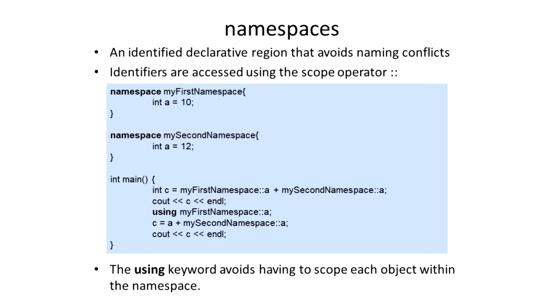Okay, let's talk about namespaces now. And you'll see here in the blue box that we've actually set up two different namespaces that have different names, so they're arbitrary names in this case, my first namespace and my second namespace, but notice that they actually contain the same integer variable labeled A and have different values.